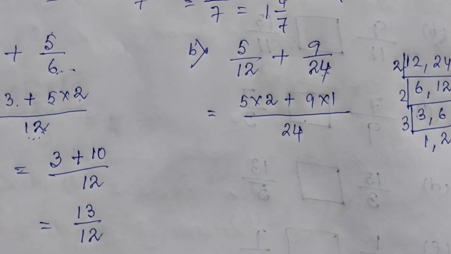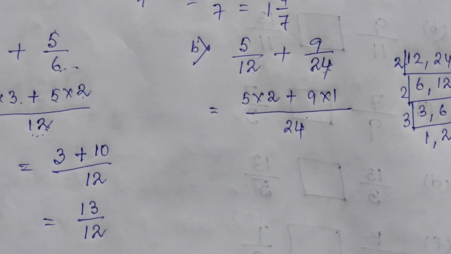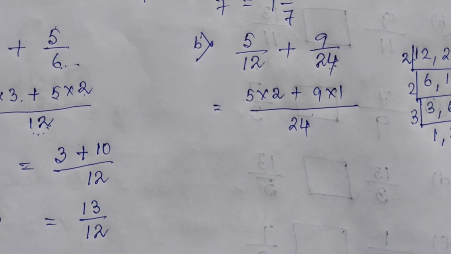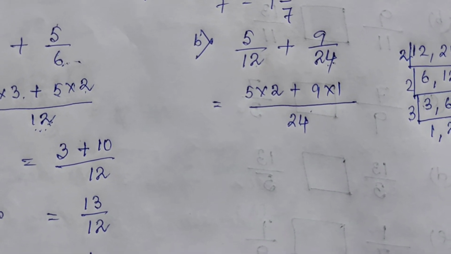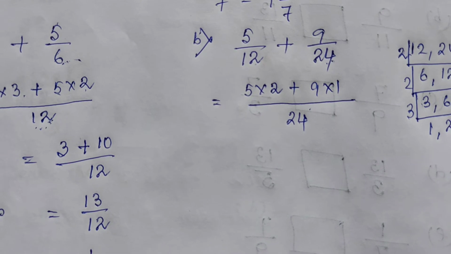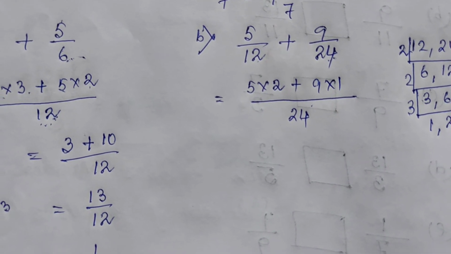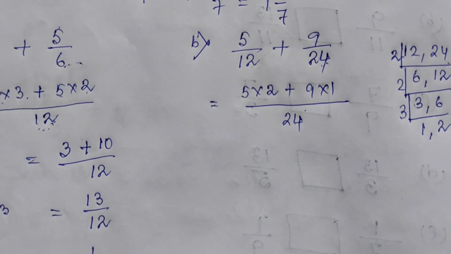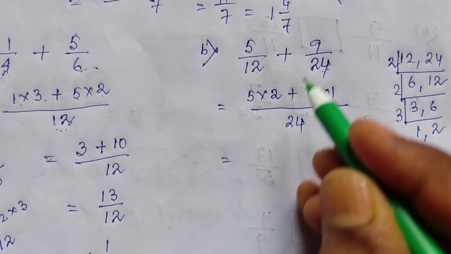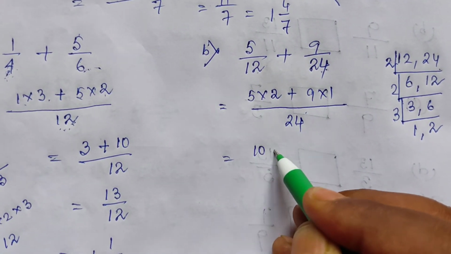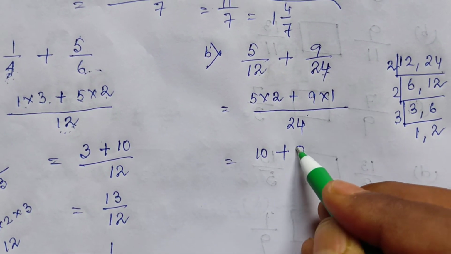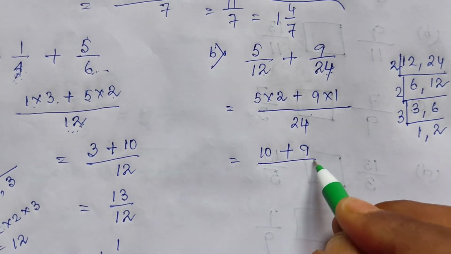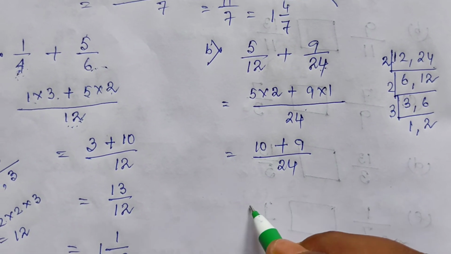The process is we have to find out the LCM by the denominator, and whatever quotient we get, we have to multiply the numerator with that quotient. Now you can see 5 twos are 10 plus 9 ones are 9, divided by 24.